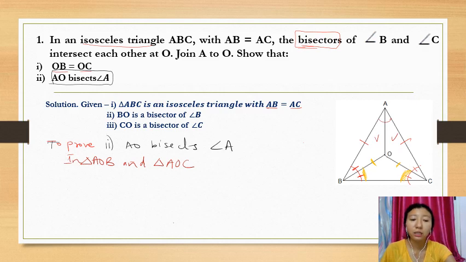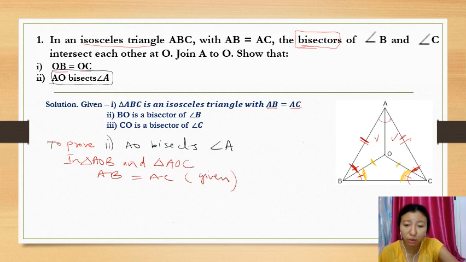We know that AB is equal to AC, right? This is given, so it is an isosceles triangle.